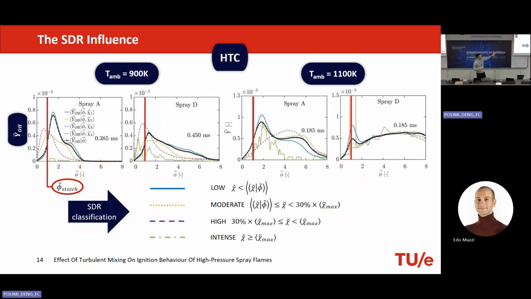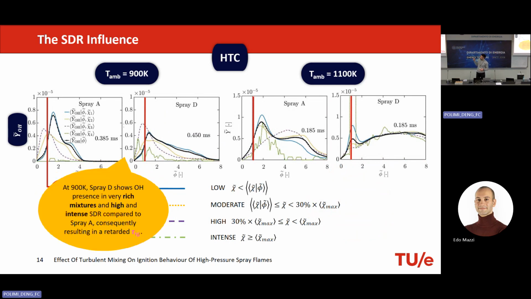Then we have the same kind of approach for the high temperature combustion, and we can see that the effect of that high and intense scalar dissipation rate on spray D at 900 Kelvin is there and is also influencing the high temperature combustion, since we do see those peaks there. But also important to notice is that they are moved towards richer equivalence ratios, and this is not good for the high temperature combustion.